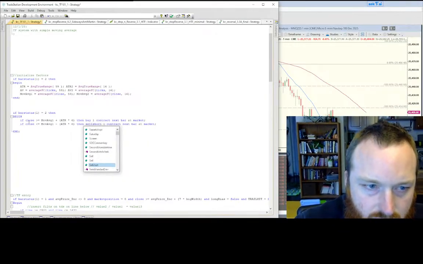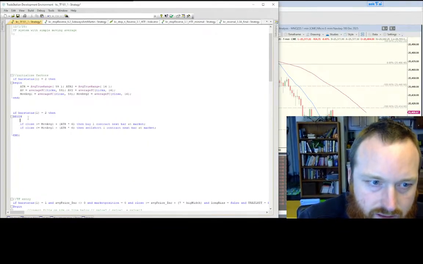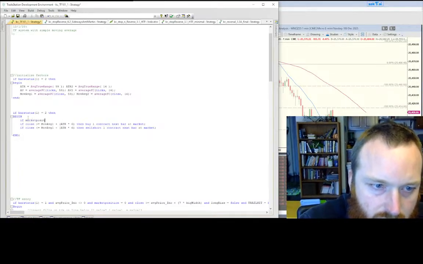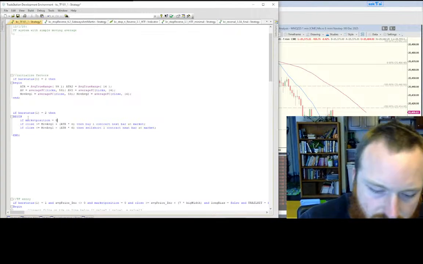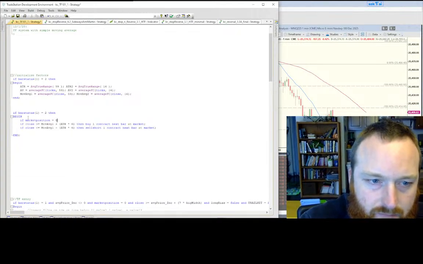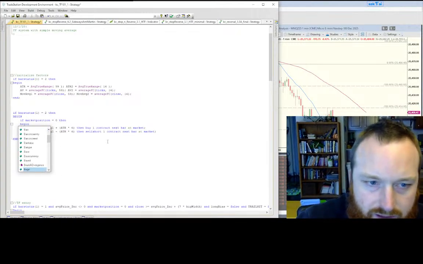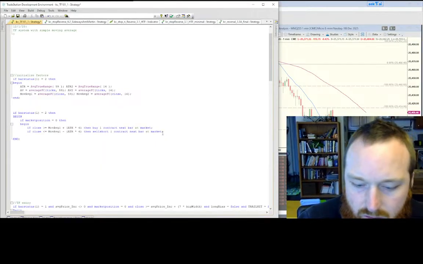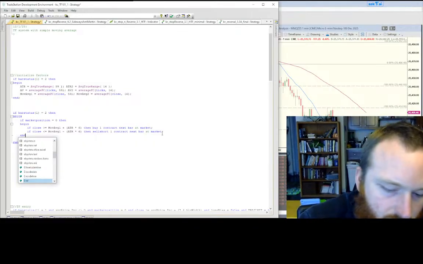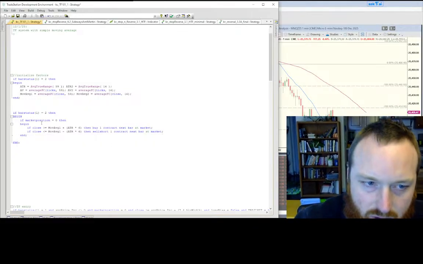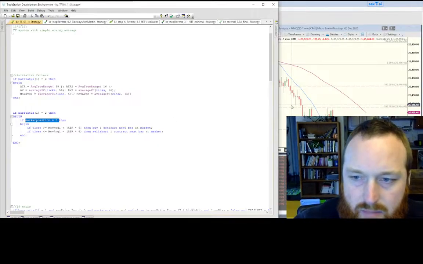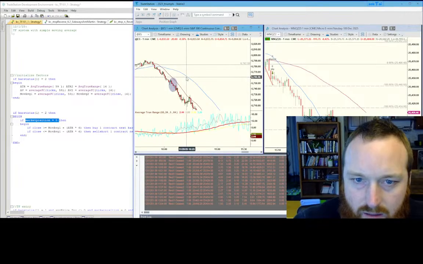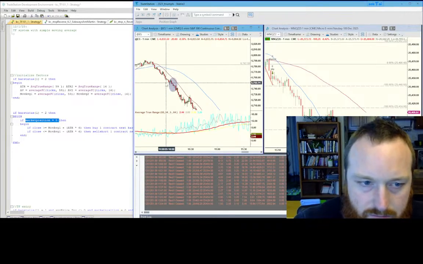This is your sell short order. Now, these need to be housed in a market position is equal to 0. So we need to be flat for this to begin. The reason being is otherwise it's going to keep on ordering market orders because it doesn't know that the position is flat. So market position being equal to flat makes us able to take that position only once.